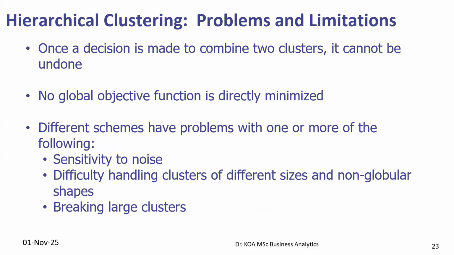But the one issue with hierarchical clustering is that once a decision is made to combine two classes, you can't go back to it. If you combine two data points to create a cluster, and then combine two clusters into another, you can't undo it. And there's also no global objective function that you're minimizing.